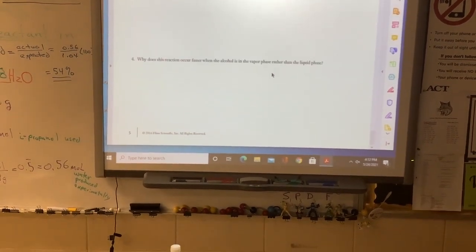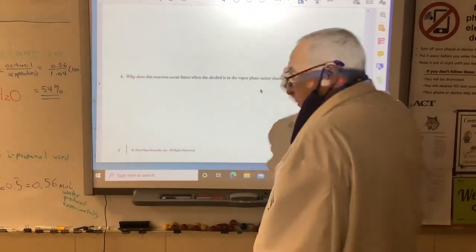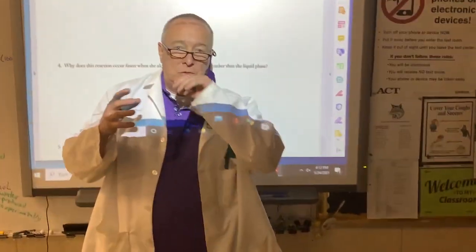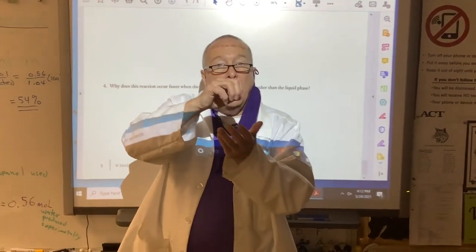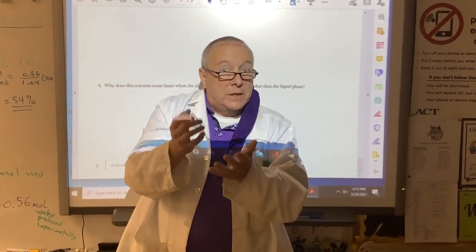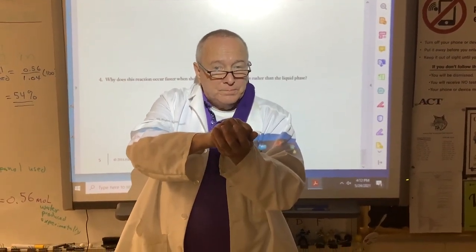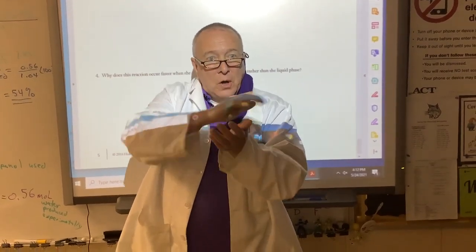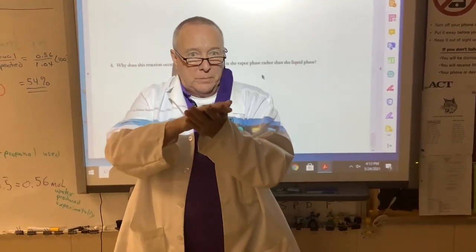So finally it asks, why does this reaction occur so fast? And it occurs so fast in the vapor phase because it's not actually liquid alcohol that burns. It's the molecules vaporizing and leaving the alcohol. Only the surface of the alcohol can burn.